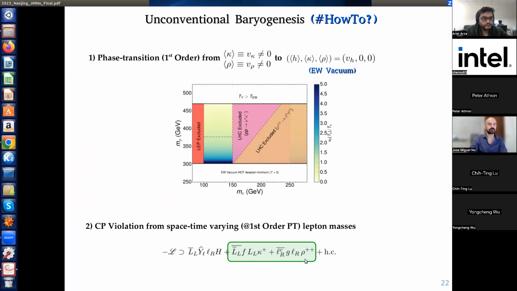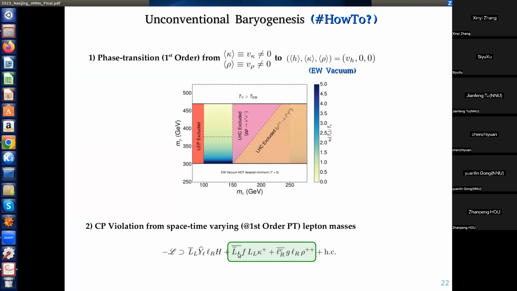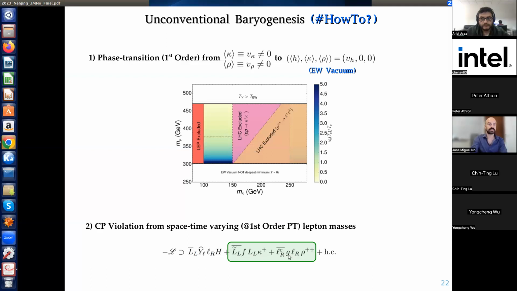These terms, the ones that couple the charged fields to the fermions, will act essentially as effective masses for the leptons when these fields get a VEV. So you will have an effective mass that is changing across the phase transition and can have complex phases, because this Yukawa matrix has complex phases.